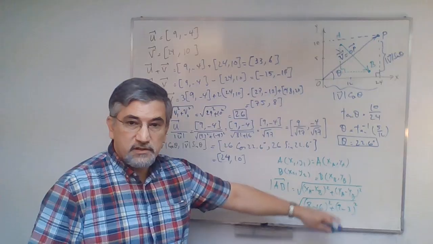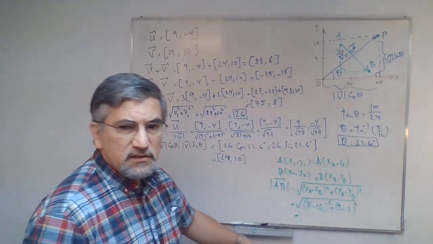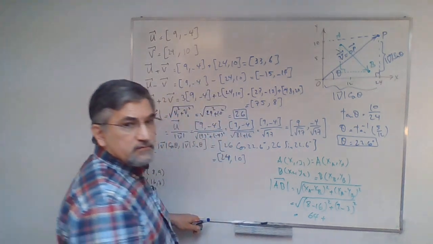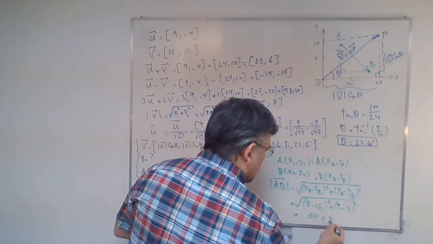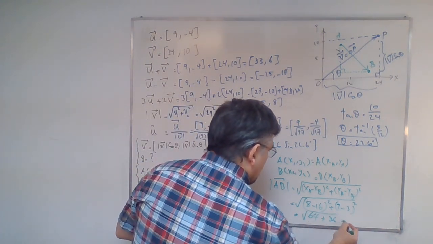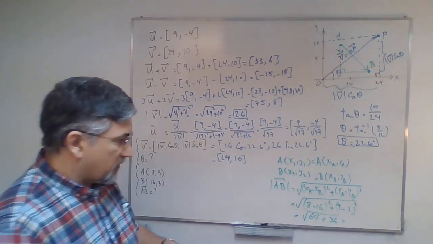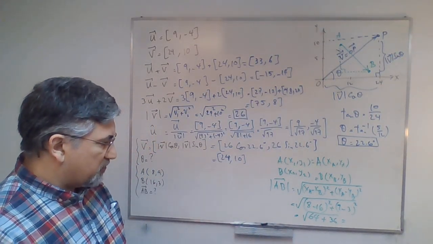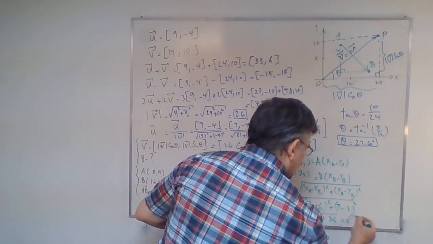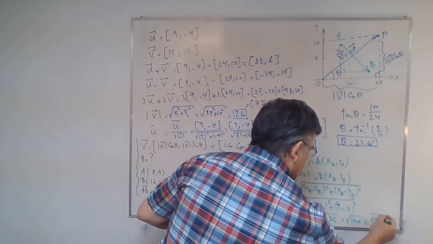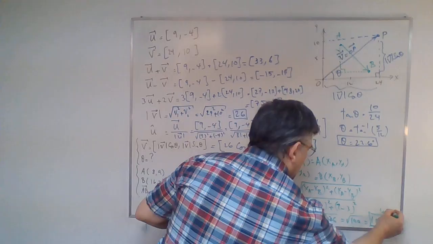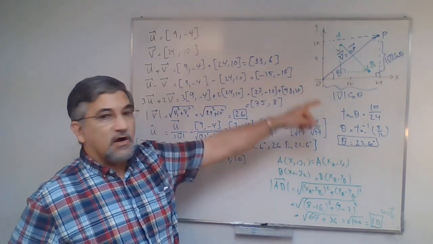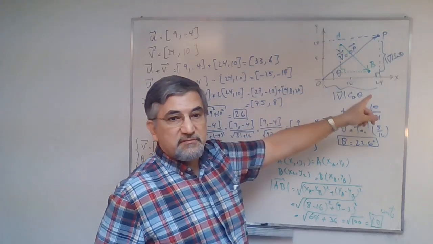So 8 minus 16 is negative 8 squared, that's going to be 64. And 6 times 6 is 36, because 9 minus 3 is 6, and 6 squared is 36. Add them up, it's going to be 100. And that is 10. We write units because it is 10 units. That's the magnitude of this vector AB.